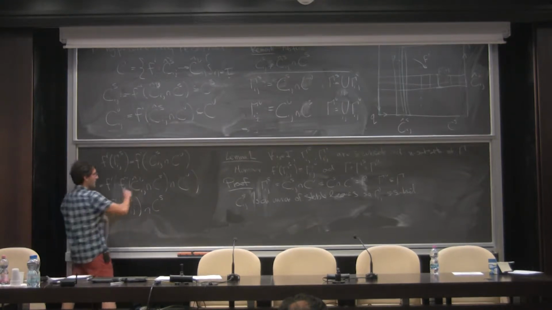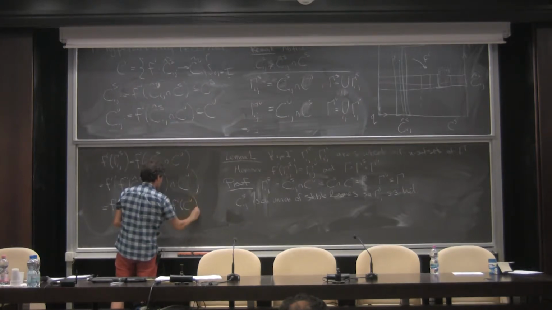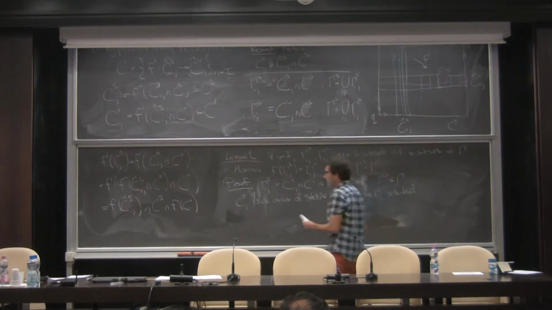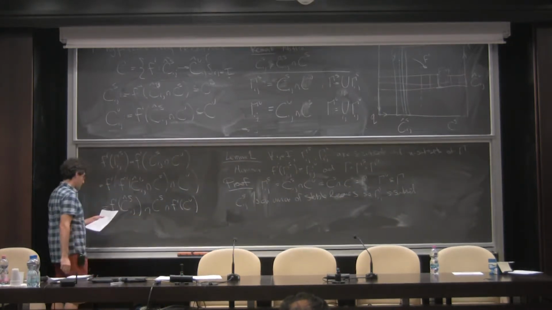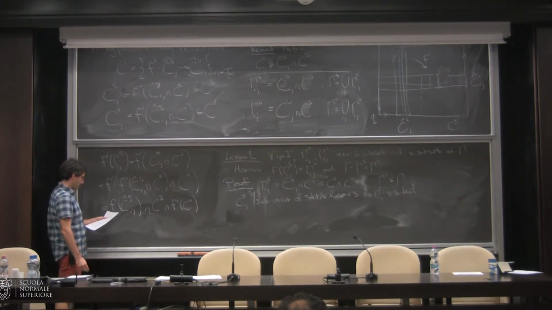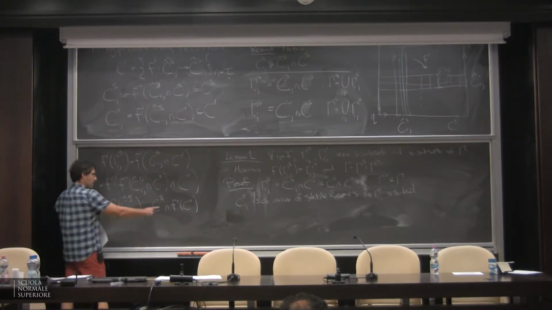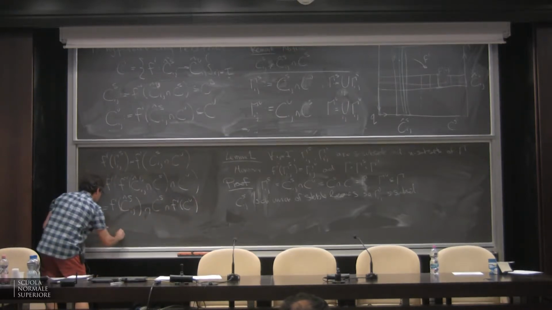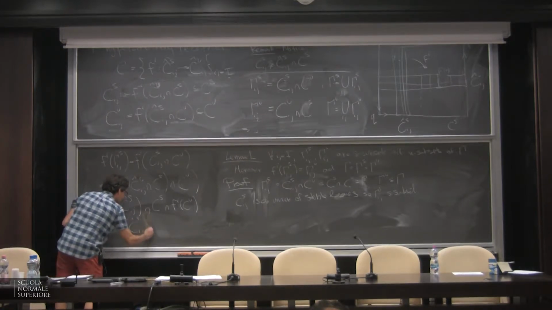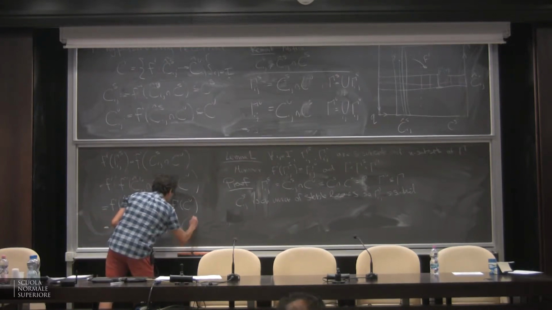And then I get Fi of Cu here. Then I combine them: this is Fi of C hat Sij intersection Fi of Cu, so I write this as Fi of C hat Sij intersection Cu, intersection Cs.